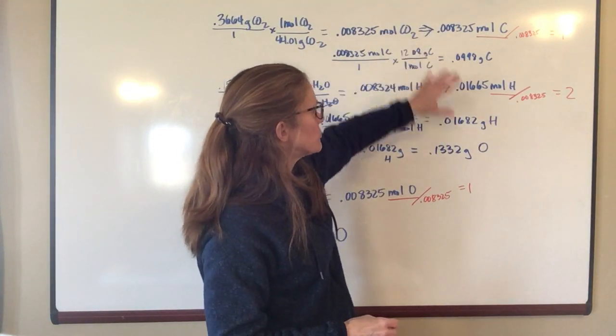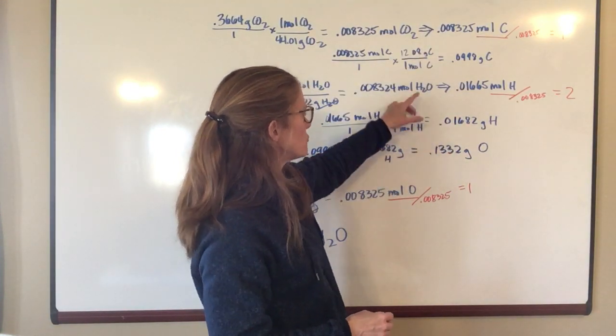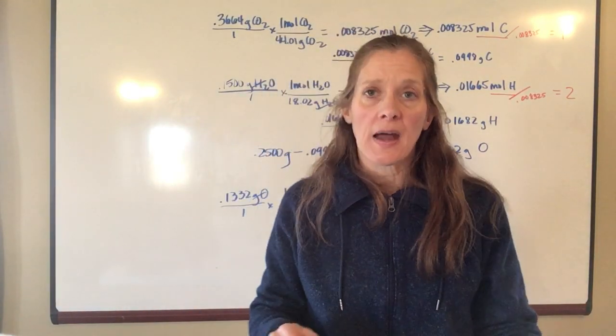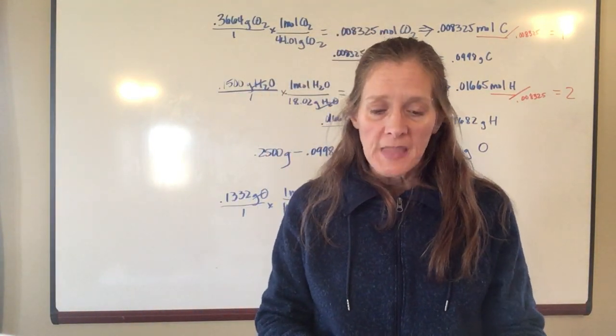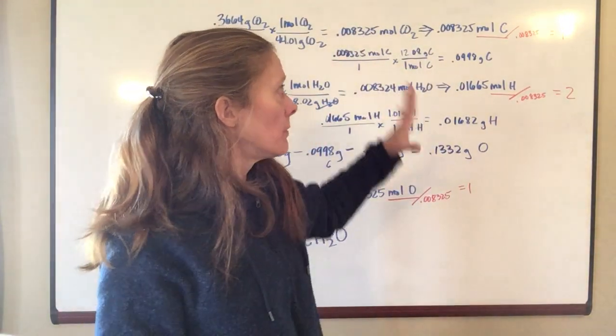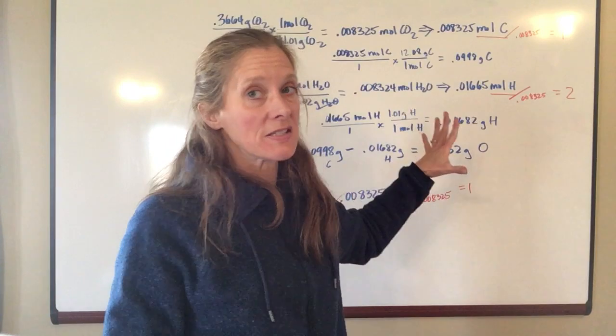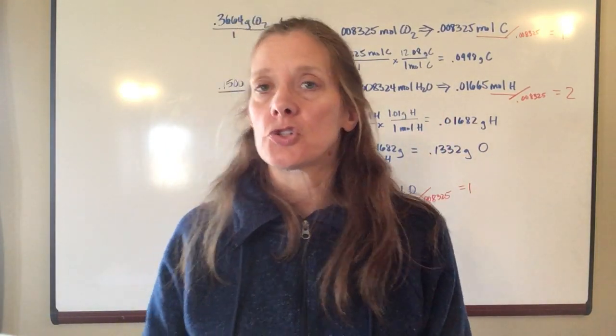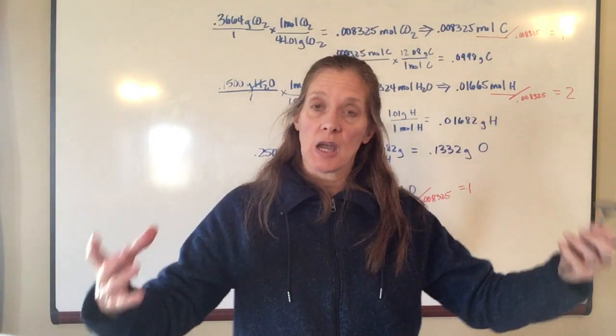Now you may be looking at this saying, well, how come I couldn't just take moles of oxygen from here and moles of oxygen from the water and do it that way? Well, the reason is because you've got to have oxygen for burning, and so it may not always be the case that that oxygen is going to be the same amount that was in the compound. Normally to set something on fire, to start it burning, you've got to have some other oxygen that was in the air.